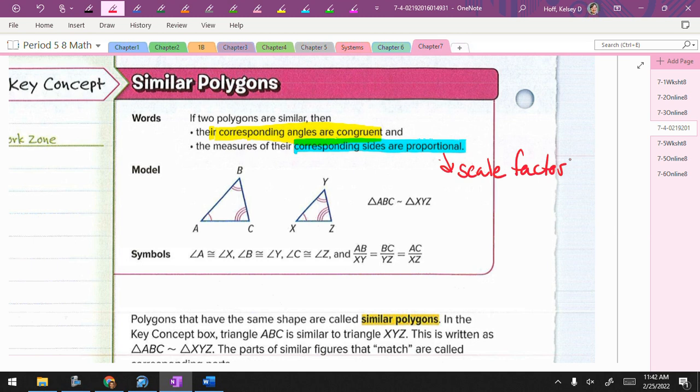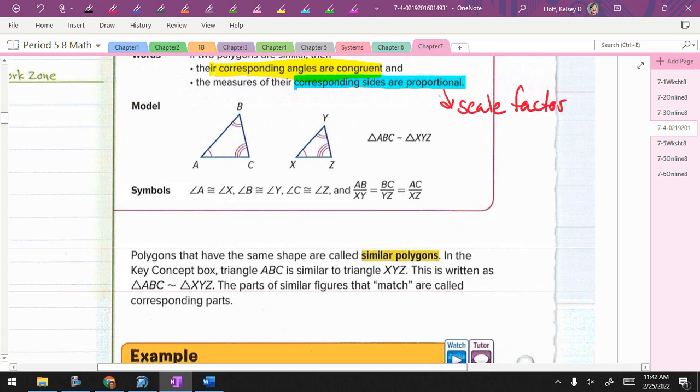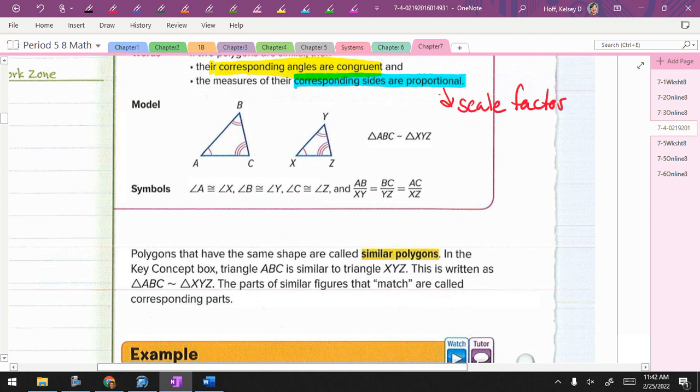Okay, so polygons that have the same shape are called similar polygons. I'm going to shortcut what they say here. This symbol means congruent. An equal sign with a tilde means congruent, which means that they are identical in size.